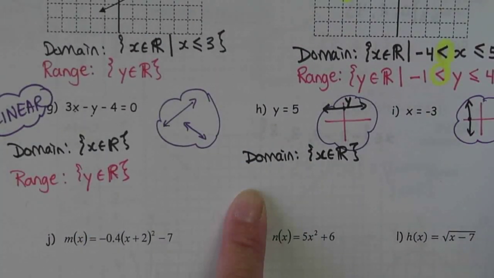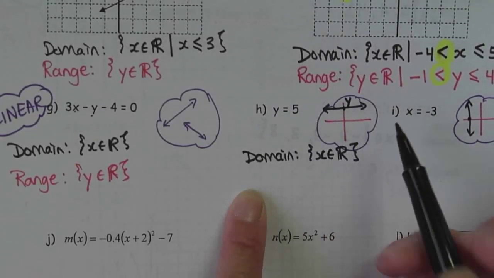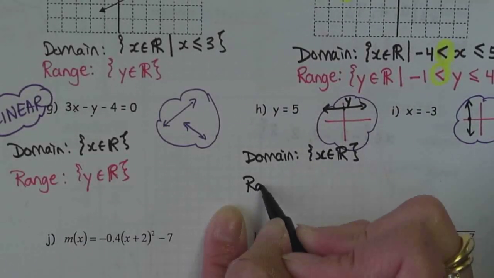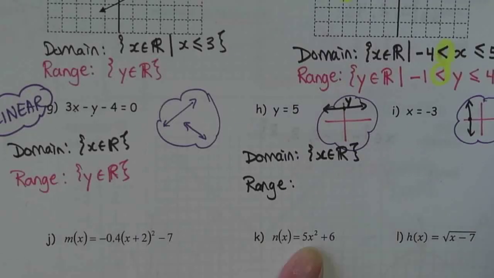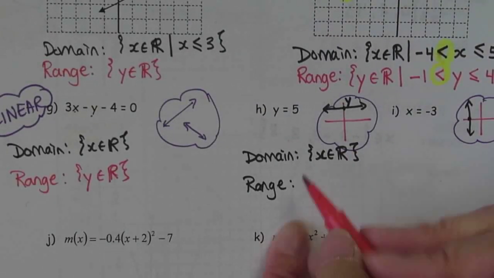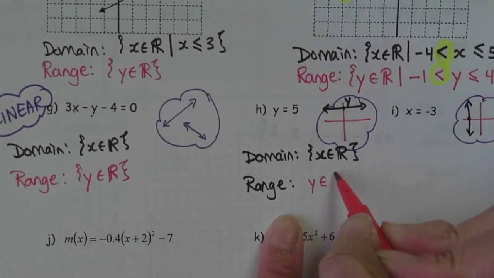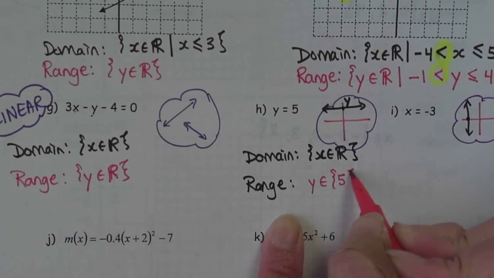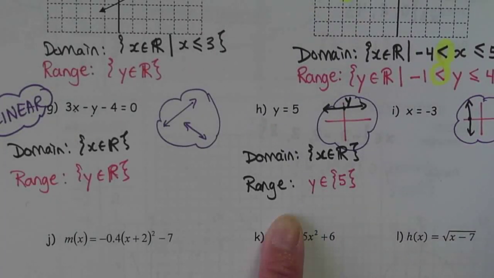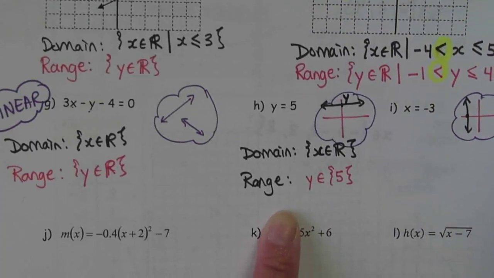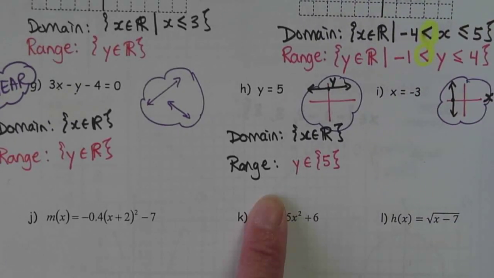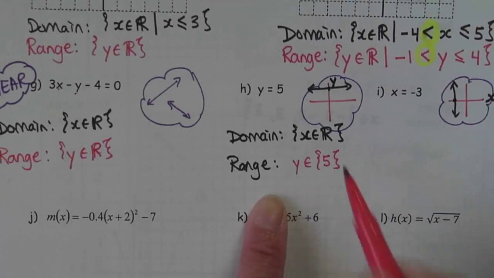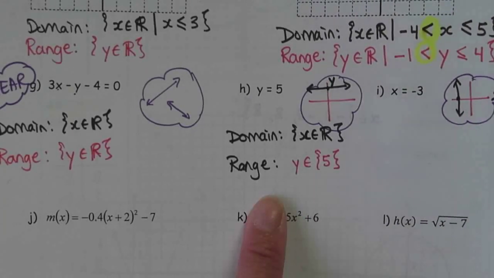But the y value for this very special horizontal line, what's my y value? 5, always. So why don't I just list it like I did with the point 5? It's the set of 5, nothing else. So just list it. It doesn't need element of real, needs nothing else because it is just the one number. So just go element of, and it's the set of 5, which is only one number.